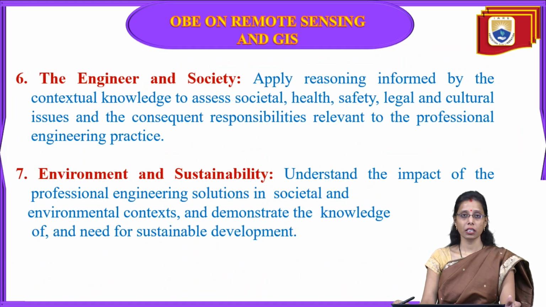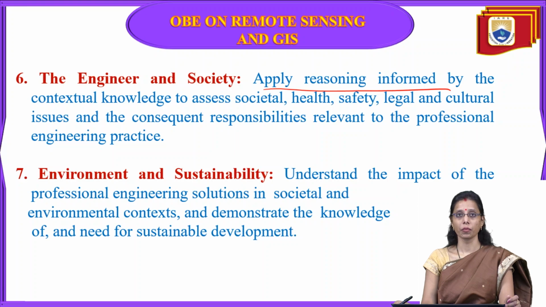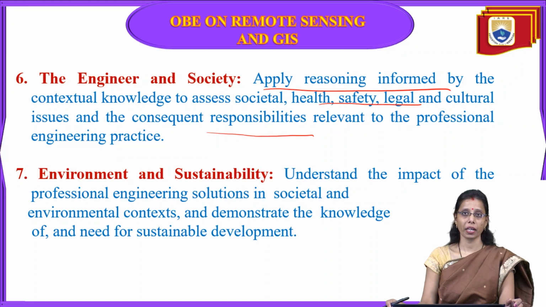Now coming to the sixth one, the sixth PO is about the engineer and society. How is this helpful here? Apply reasoning informed by contextual knowledge to assess societal, health, safety, legal, and cultural issues and the consequent responsibilities relevant to professional engineering practice.